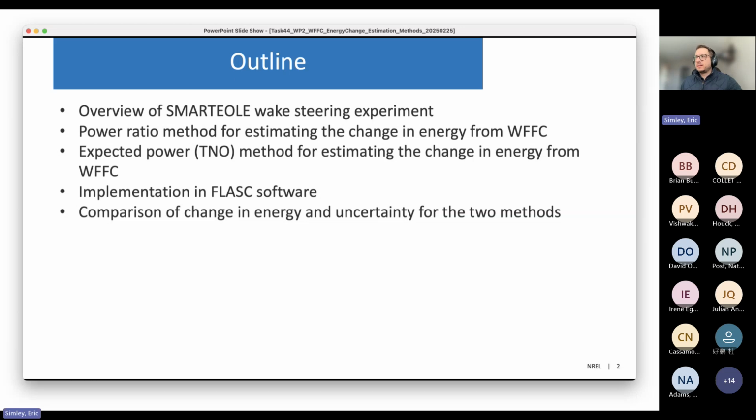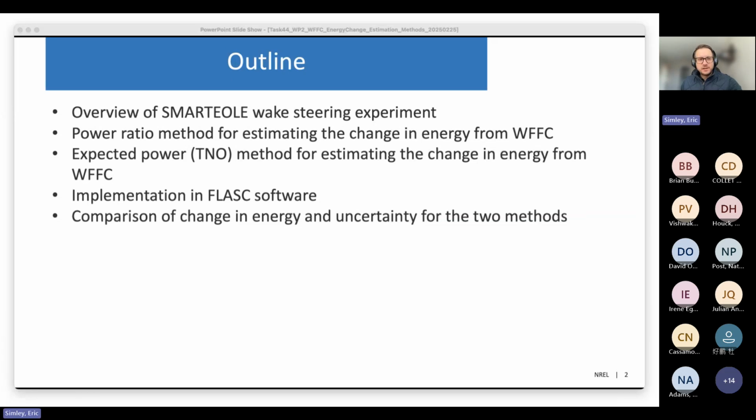I just wanted to talk about the outline real quick. I'll be demonstrating these methods using the SMARTEOLE wake steering experiment data set that most of us are familiar with, and we've talked about in this work package before.